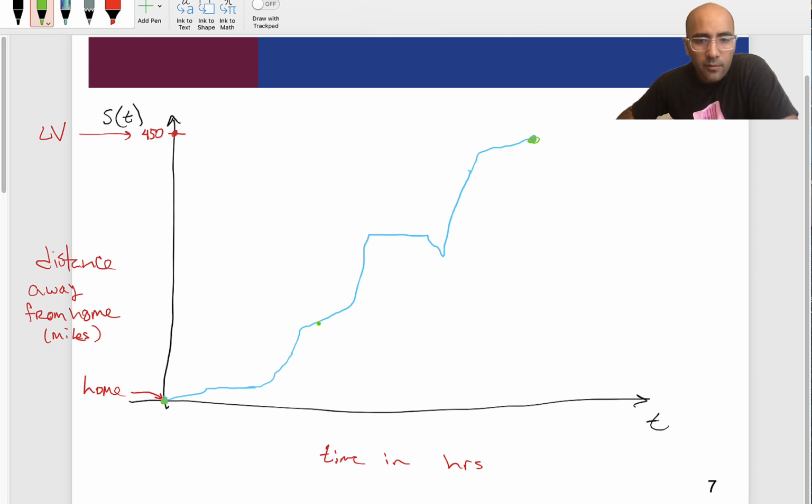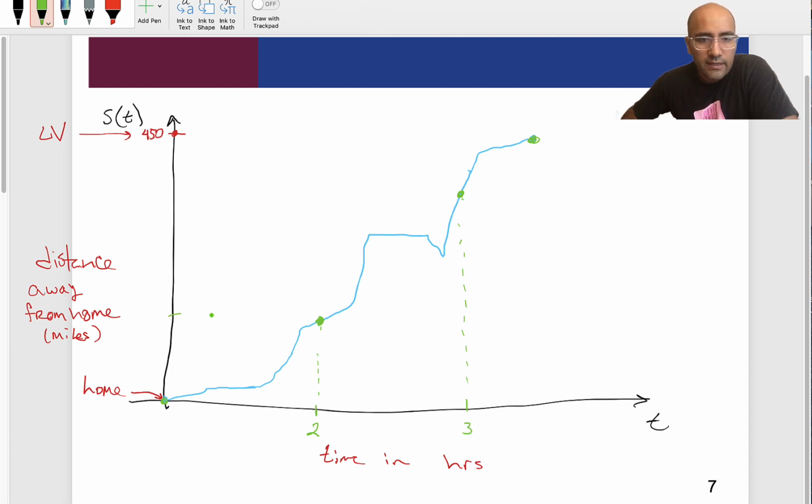Or if I wanted to come up with the average speed between 2 other sets of points, like let's say these 2 sets of points right here, then I would find the change that occurred between these 2 points. So let's say, just throwing some numbers out, that this is at hour 2 and this is at hour 3.